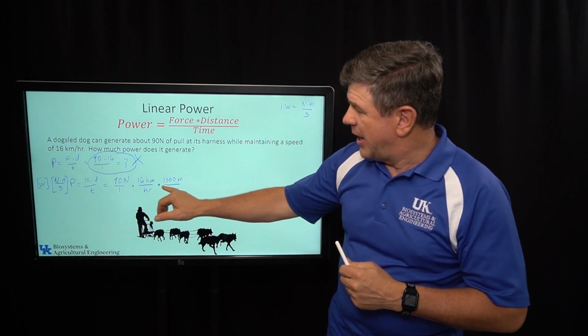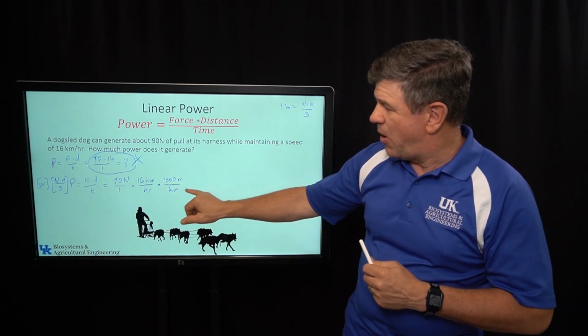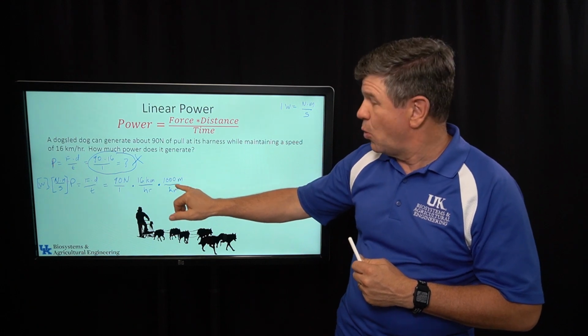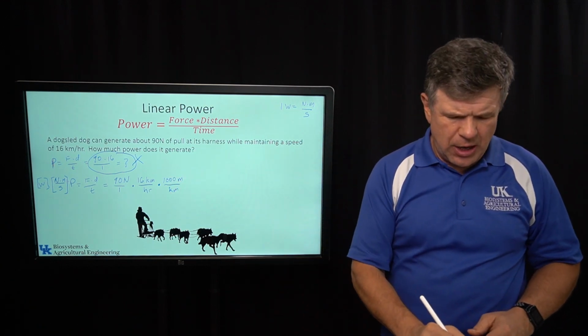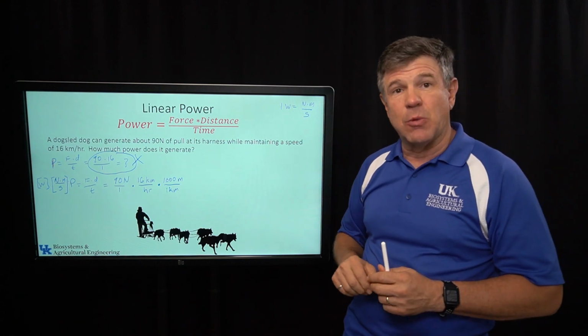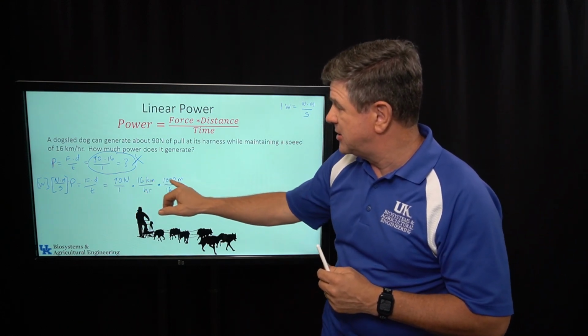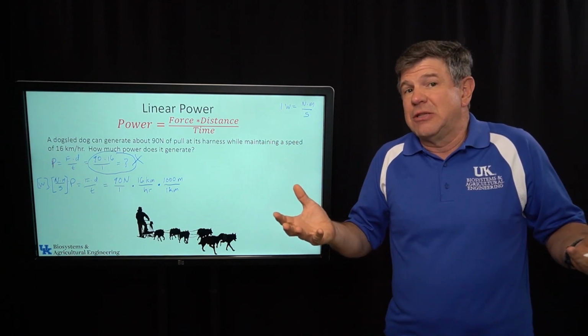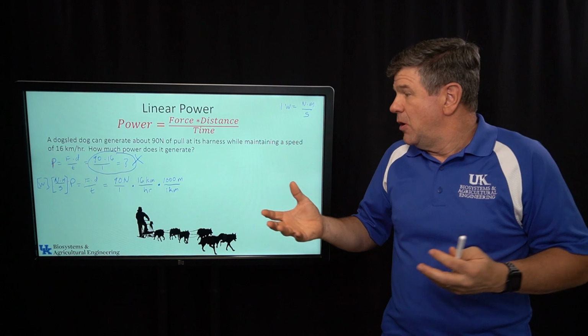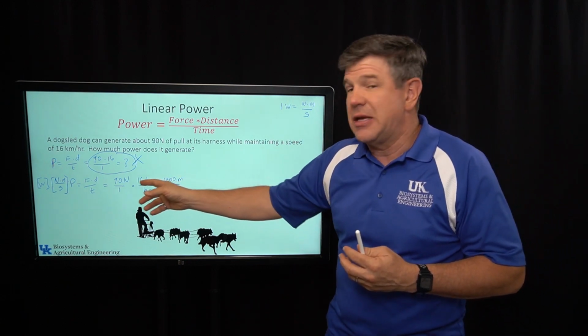This part of this fraction is essentially 1. 1,000 meters is the same as 1 kilometer. So that's like multiplying this number by 1. I can multiply by 1 all day long, and it doesn't change the value of anything. And so that is cool.